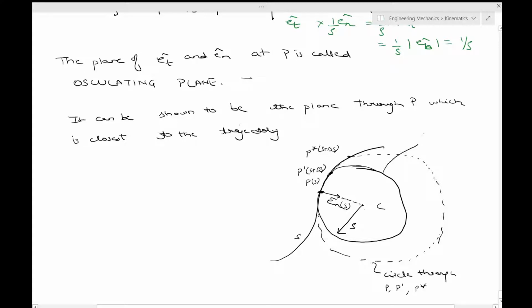This is the circle through P and P dash. And obviously there's a frame F with point O, which is how you measure the position vector R of S.